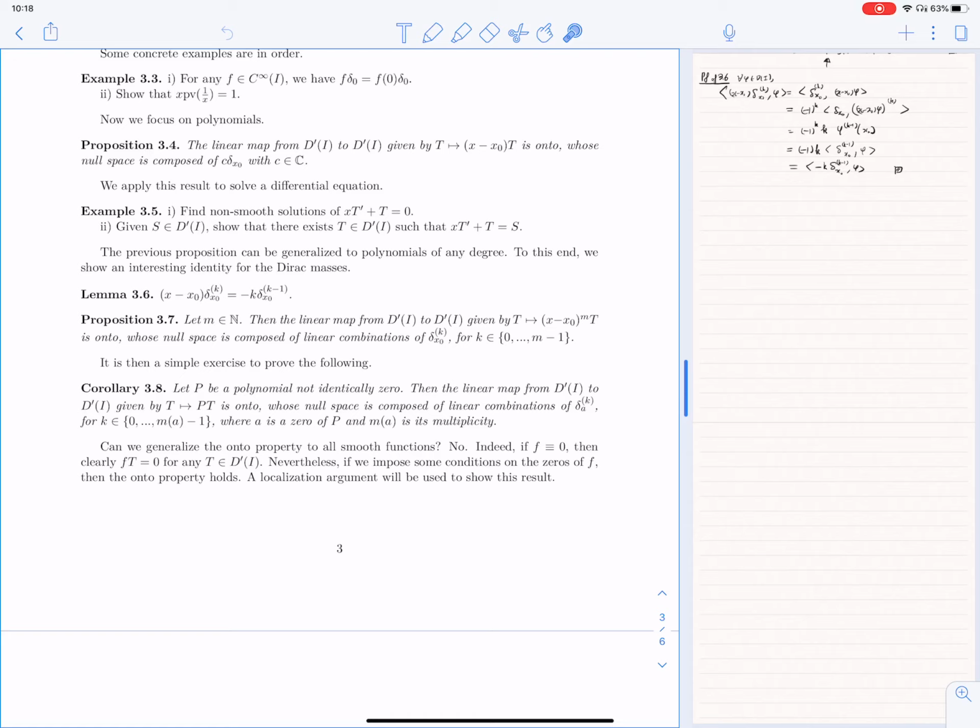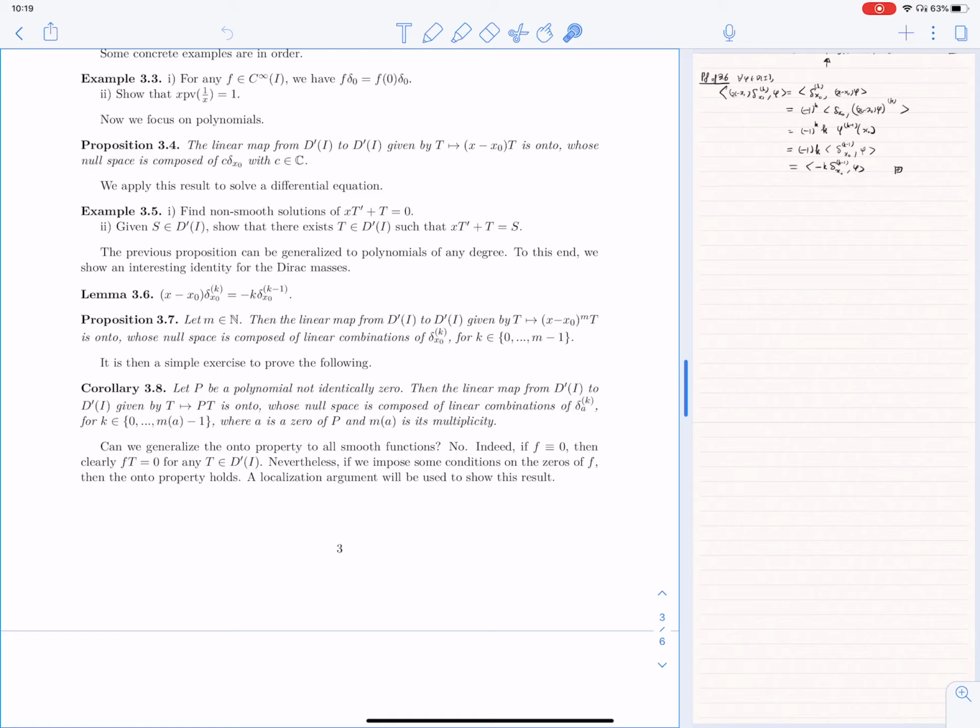And we're going to show that the linear map that maps a distribution to the product of that distribution by a polynomial of degree n is onto, whose null space is composed of linear combinations of the Dirac mass on x naught and its derivatives up to the order n minus 1.